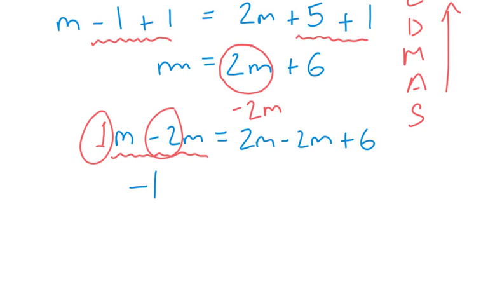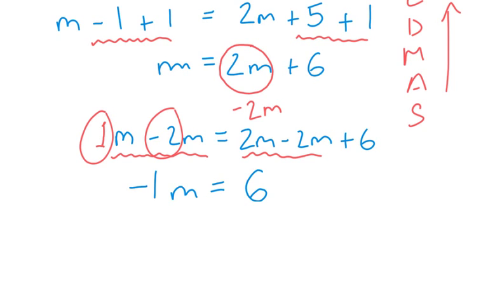The m stays exactly the same. Over on the right side, 2m subtract 2m, that's just 0, which will leave us positive 6. However, we are not going to write in the positive sign because we don't need it.